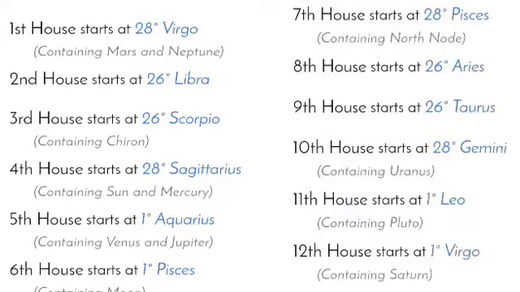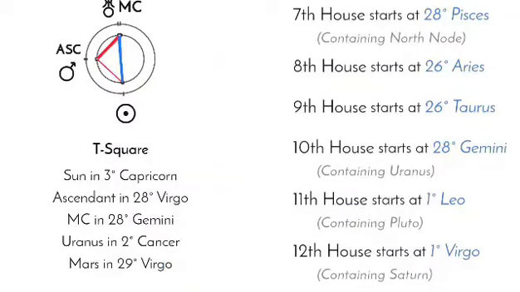Now, when we move into the other half of her chart, we see the T square when it comes to her Uranus energy. It is in the 10th house, right? So that goes back to reinforcing the understanding that 10th house deals with your career. The MC, the medium coeli, is your 10th house.